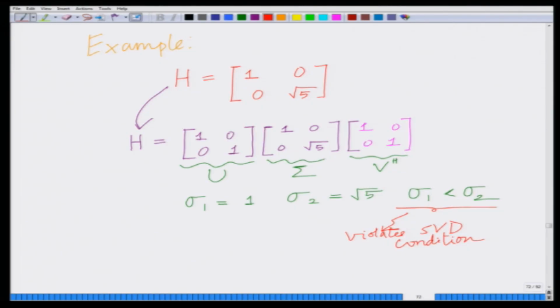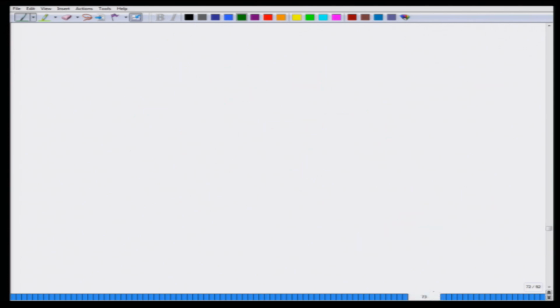All the other properties are satisfied: U Hermitian U is identity because U is the identity matrix, V Hermitian V equals V V Hermitian is also identity, and the singular values are positive, except they are not arranged in descending order. Therefore, we have to rectify this, since this is not a valid SVD. Then how do we decompose this matrix into a valid singular value decomposition?